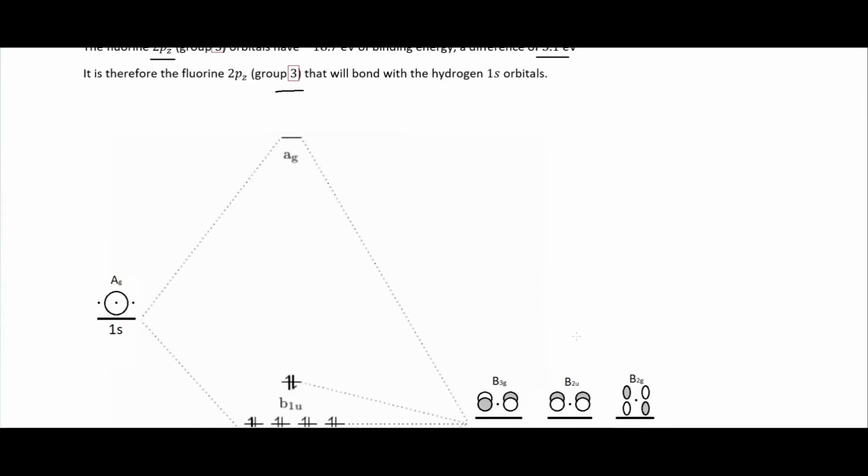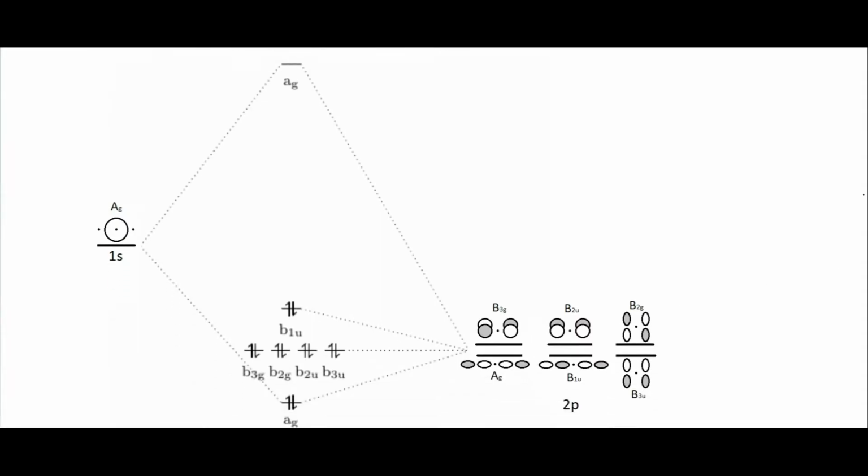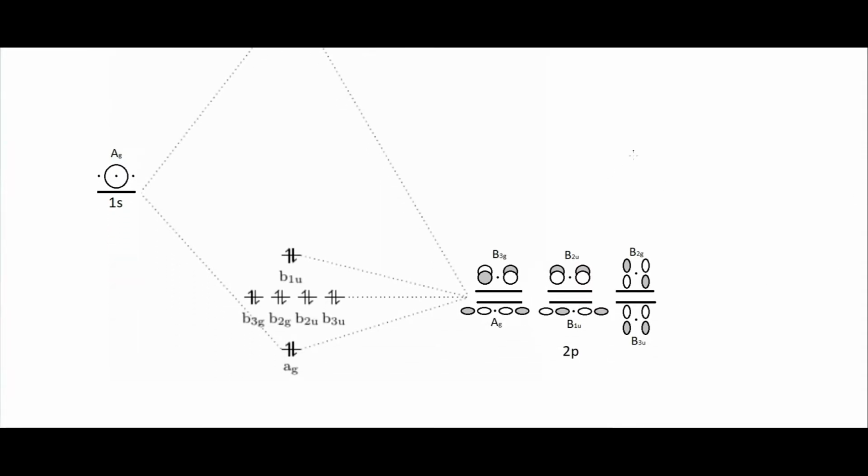And so we can look at the energy diagram for that. So I have the fluorine groups down here, and often just by convention the group orbitals are put on the right side of the diagram, and then the atomic orbital is put on the left side here.